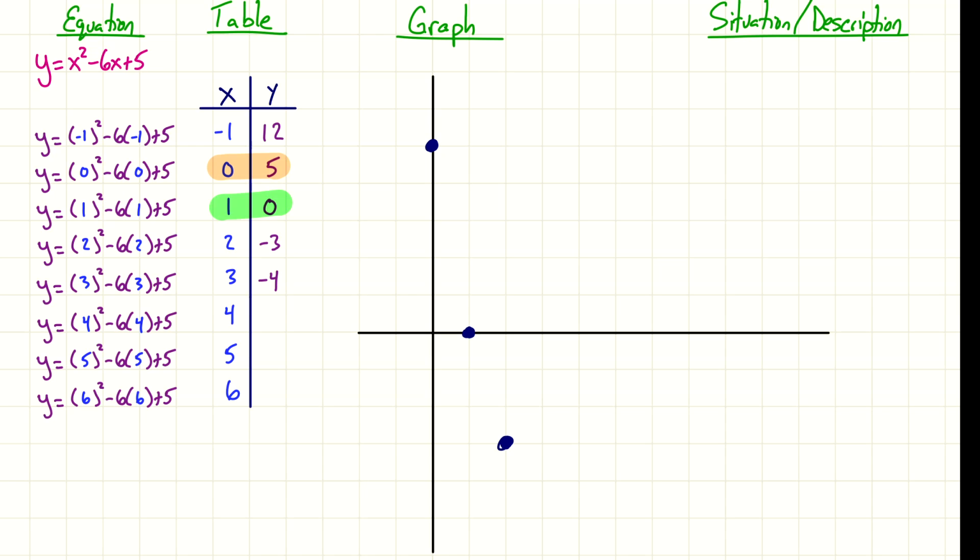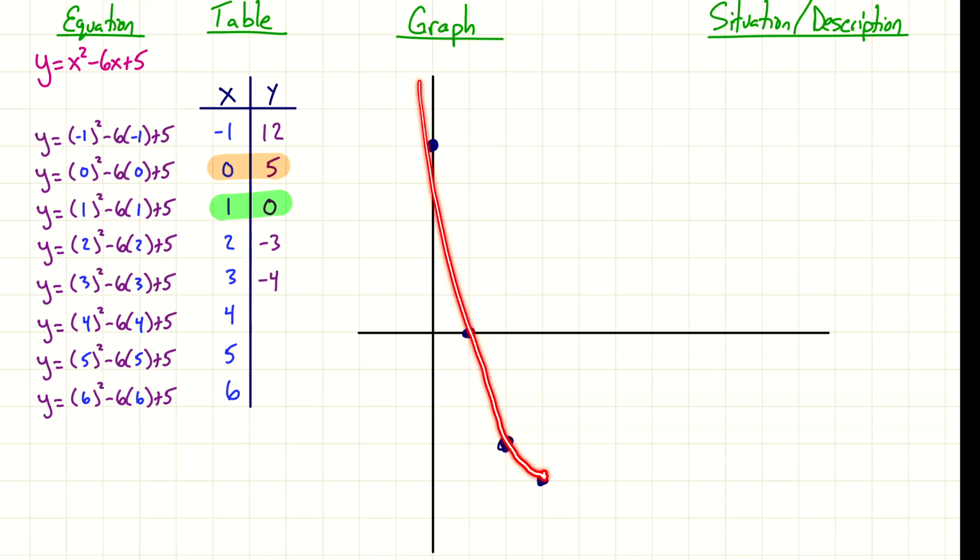All right, it pretty much looks like it's kind of a straight line. And then we do 3, -4. 3, -4, which now it's not looking like a straight line. It's starting to curve a little bit. And so the question is, well, I thought it was a straight line, but then it starts to curve.